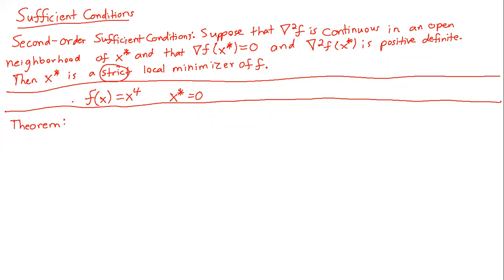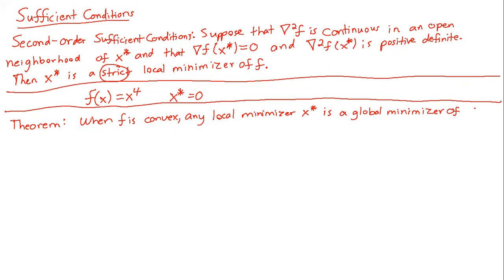If your objective function is a convex function, when f is convex, any local minimizer x star is a global minimizer of f.